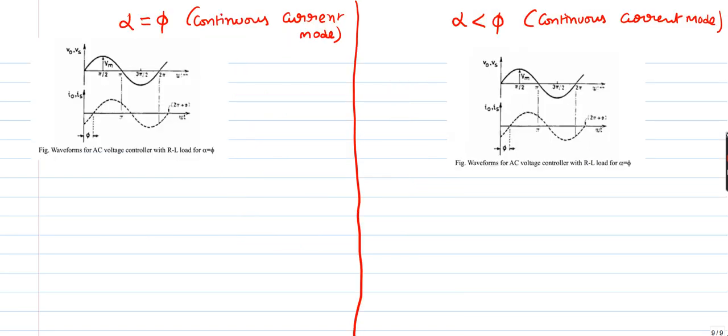Now when alpha is equal to phi and alpha less than phi, both the cases the output waveforms are same. So let us consider this as 0. So 0 to phi, here from the previous half cycle T2 will be in conduction.